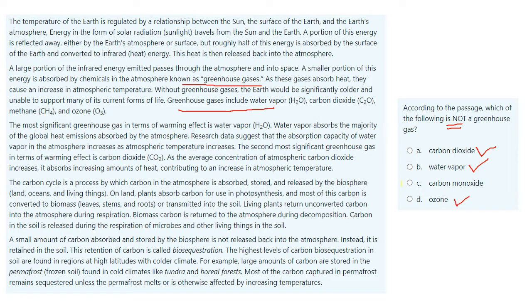The only one that is not included is carbon monoxide. Remember, carbon dioxide is CO2. Carbon monoxide is CO. The dioxide means 2 atoms of oxygen. The mon means 1 atom of oxygen.